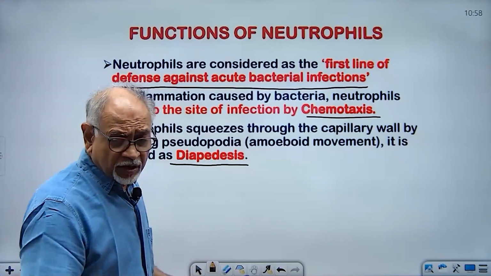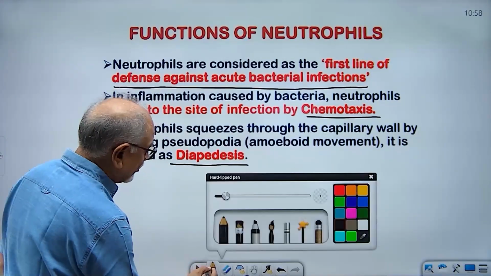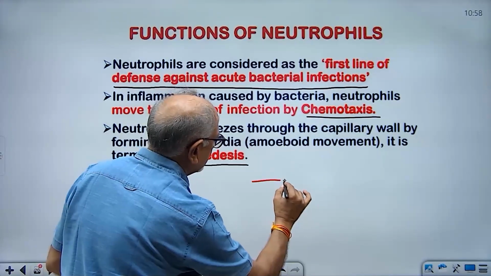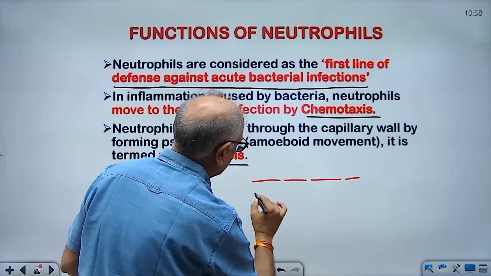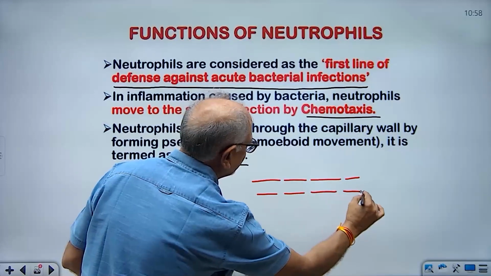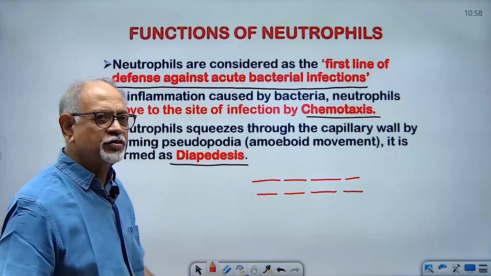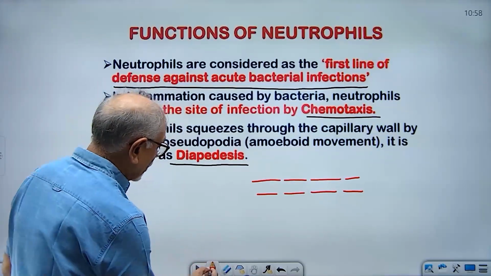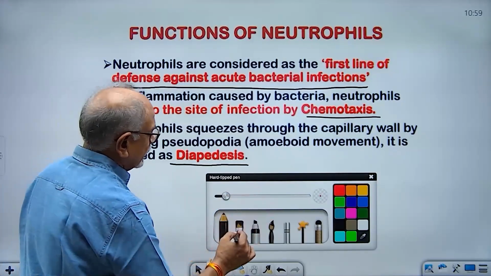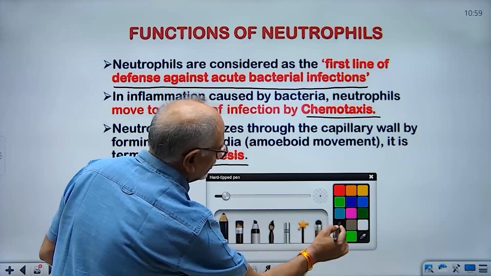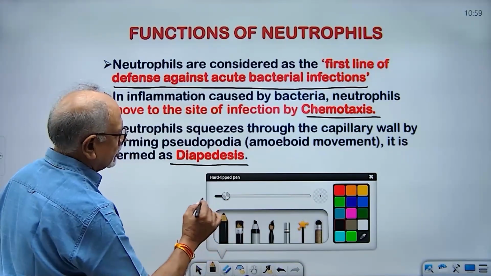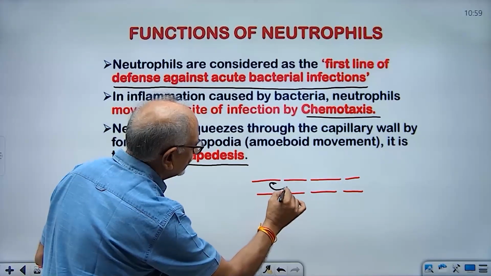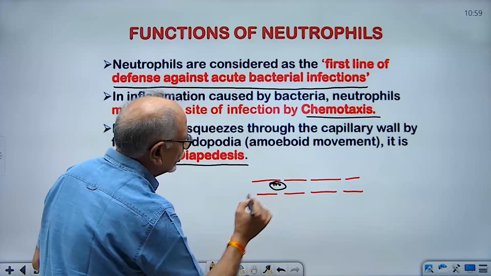When the blood passes through the capillaries, the capillary is like this, having minute holes in the capillary wall. Now, the WBC is here, the neutrophil.